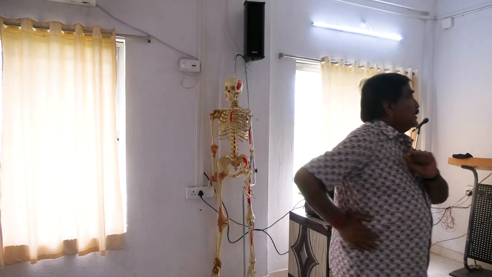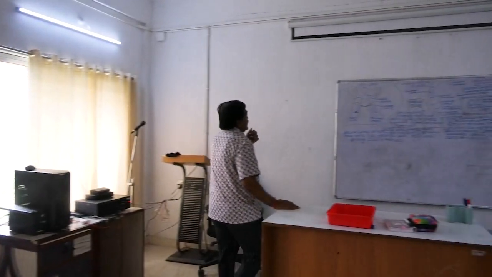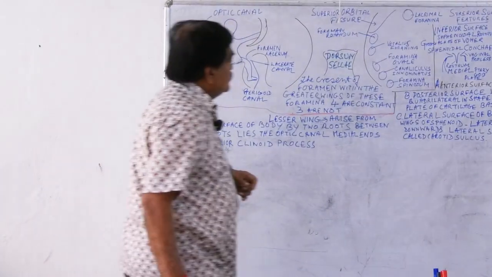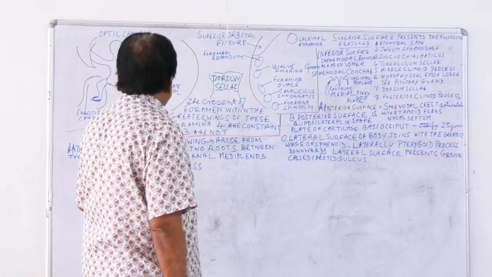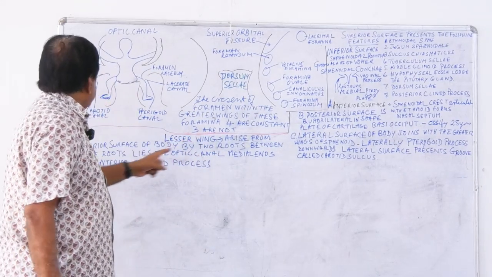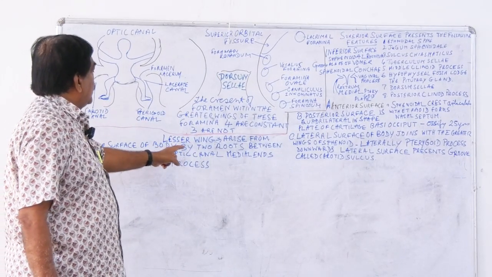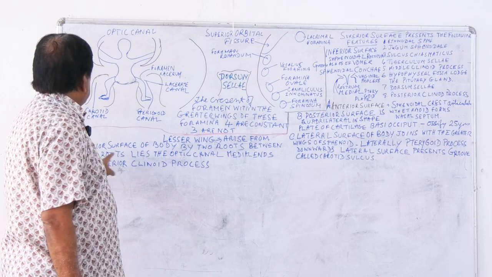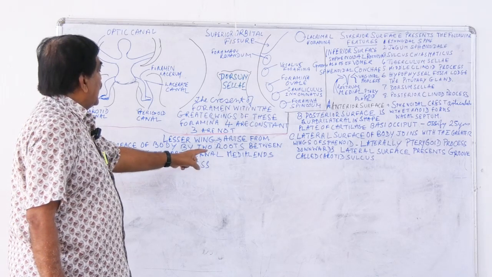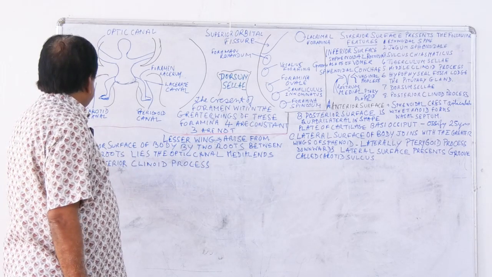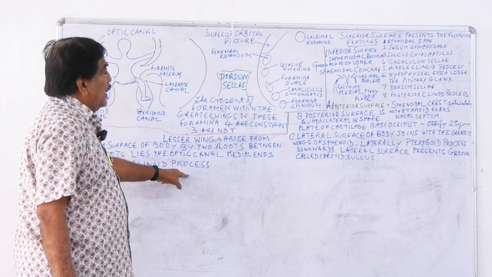So this is one thing. Second thing is that now lesser wings arise from the anterior surface of the body of the two roots. Between these two roots lies the optic canal, medial end, anterior clinoid process.